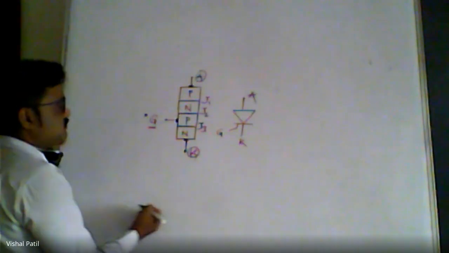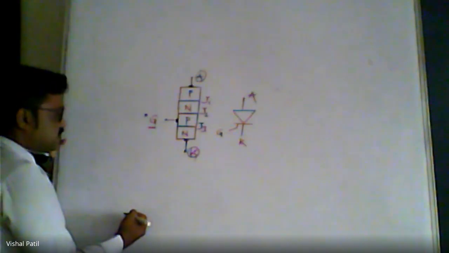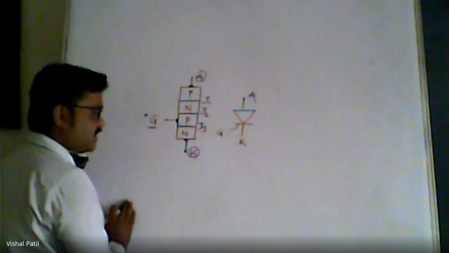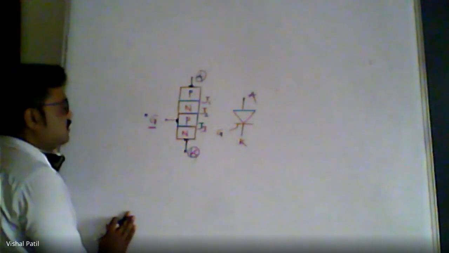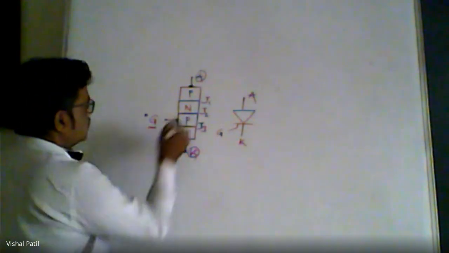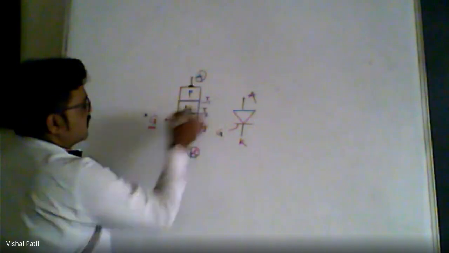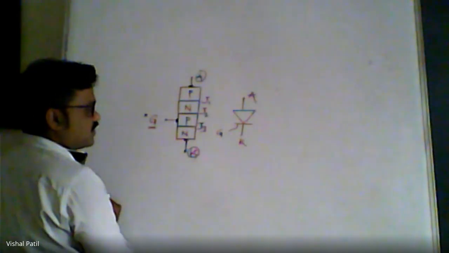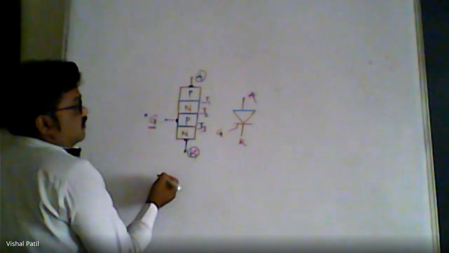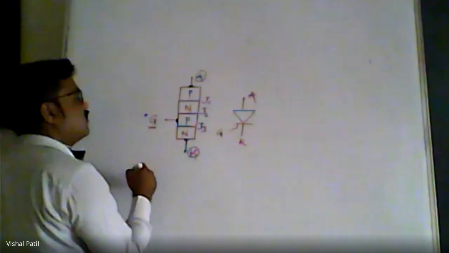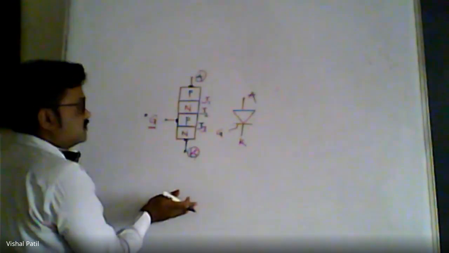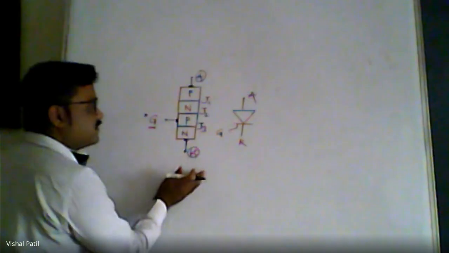Now what I am trying to emphasize here is you cannot connect any terminal anywhere. For example, if I say I will connect the cathode here at an N terminal, there is actually a difference.